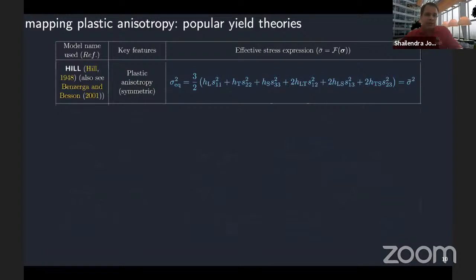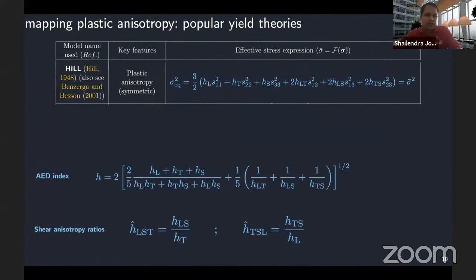The reason it becomes interesting is because you can start extracting some indices out of it. One of the indices that Dr. Benzerga, for example, has presented in his work is this scalar index, which he likes to call the anisotropy effect on ductility, the AED index, which is a combination that creates an invariant of the Hill coefficients shown in that Hill yield function.